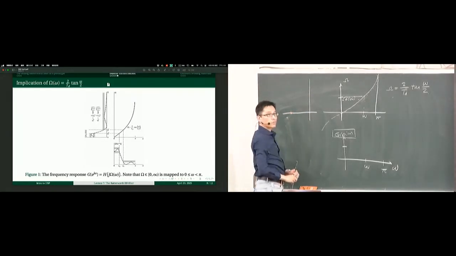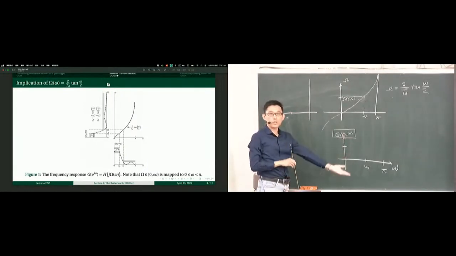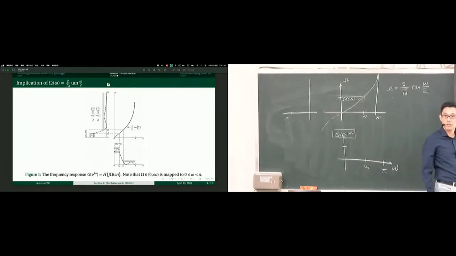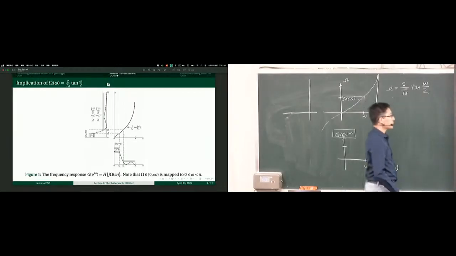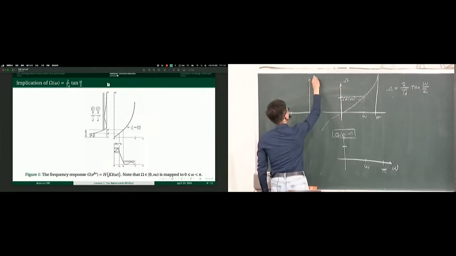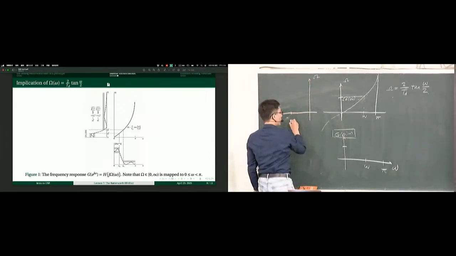Now if we just rotate the frequency response plot by 90 degrees right here, then here we have the magnitude response, which is our prototype, H of j big omega, as a function of big omega.